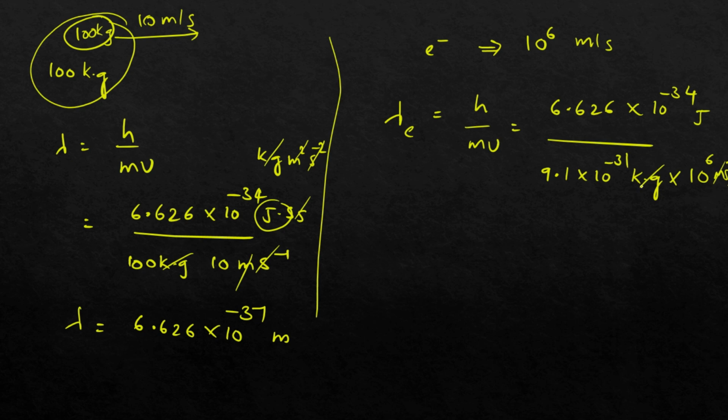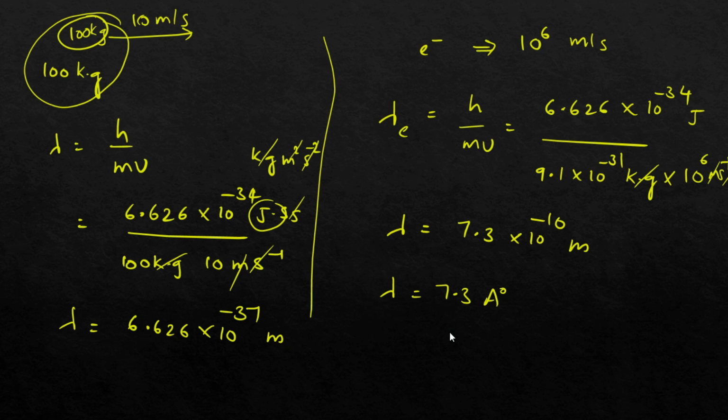The units cancel and you get only meters. So you will get 7.3 into 10 power minus 10 meters as the de Broglie wavelength for an electron moving with velocity 10 power 6 meters per second. It may be present in an orbit or in any other source.